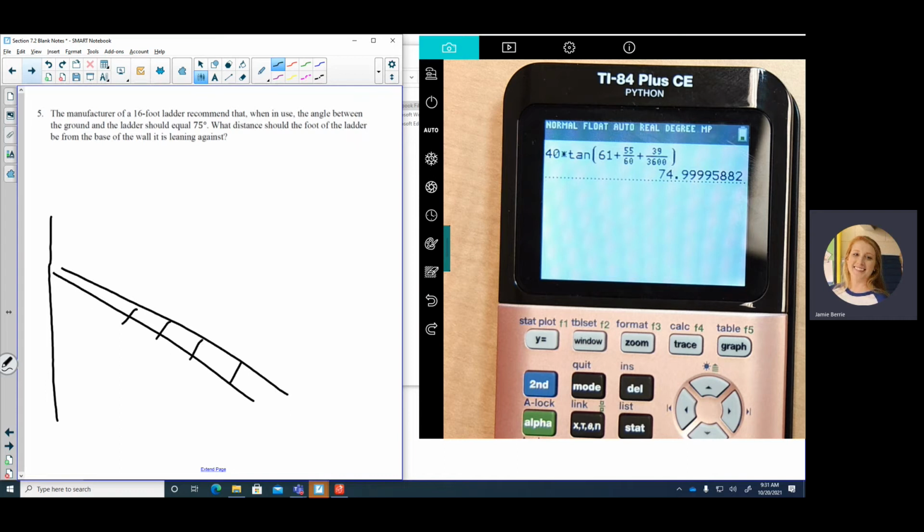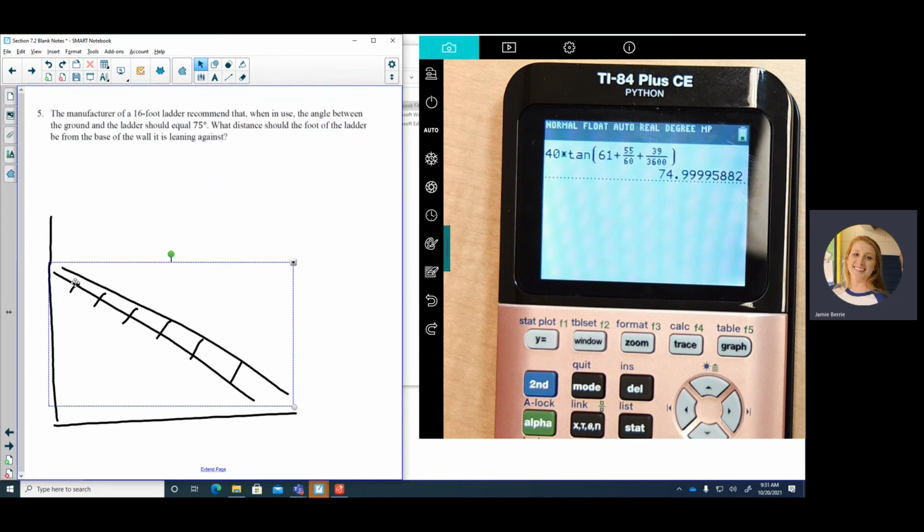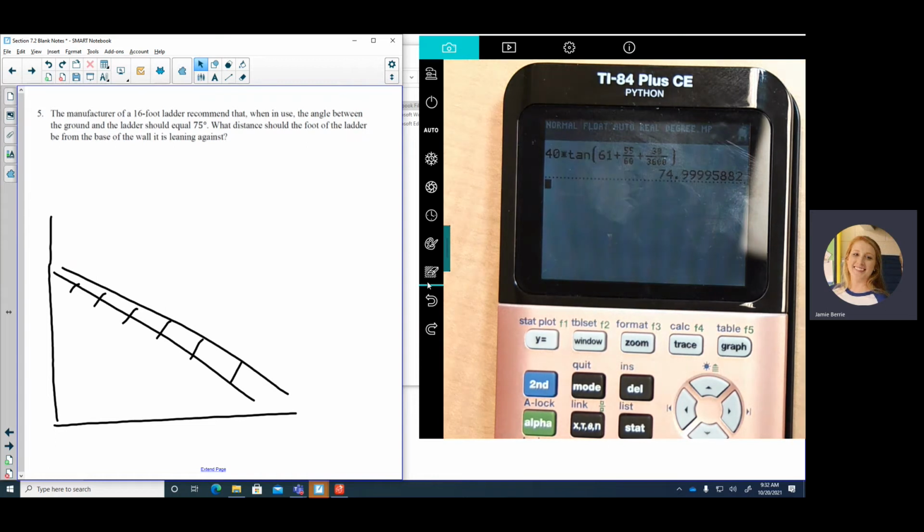And then here's the ground. So I've got my wall, got my ladder. I was trying to fix those little lines in there, but of course it doesn't want to let me. So you can just imagine that that actually looks like a ladder.